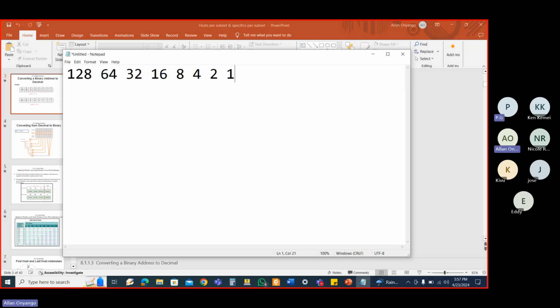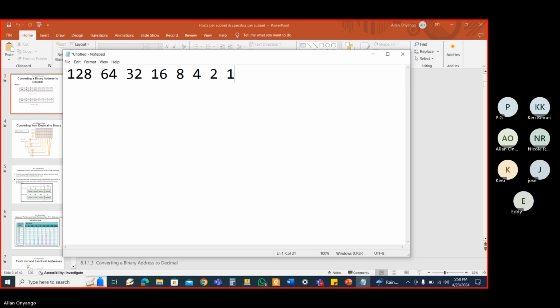We are going to deal with these numbers, by the way. Do you remember when I said the total number of bits in every address is 32, isn't it? But the 32 bits are divided into 4 sections, isn't it? And each section has how many now? 8 bits. Each section has 8 bits.